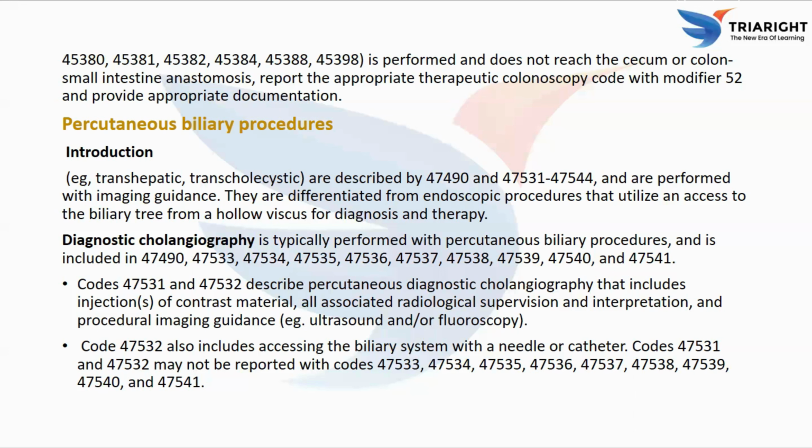Contrast injection, radiological supervision and interpretation, and imaging guidance, ultrasound and fluoroscopy. What is the important bundling rule here? You should not report 47531 or 47532 with 47533 to 47541 because diagnostic imaging is already included in the therapeutic biliary procedures. So this is how percutaneous biliary procedures are assigned.